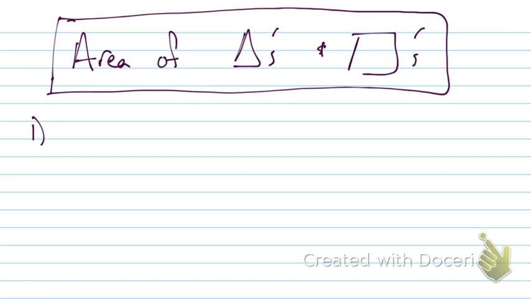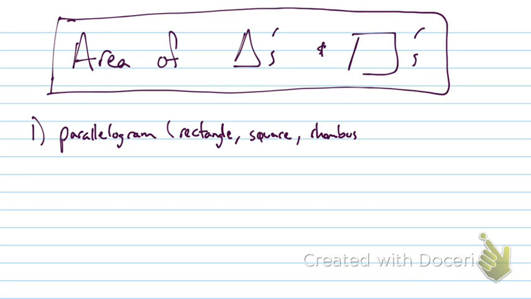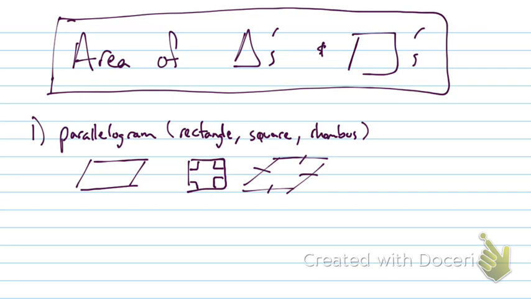So the first equation we're going to look at is for a parallelogram. A parallelogram would include a rectangle, a square, a rhombus, all these things that have opposite sides that are parallel. So stuff that looks like this, something that looks like this, that has all equal sides, that's a rhombus.